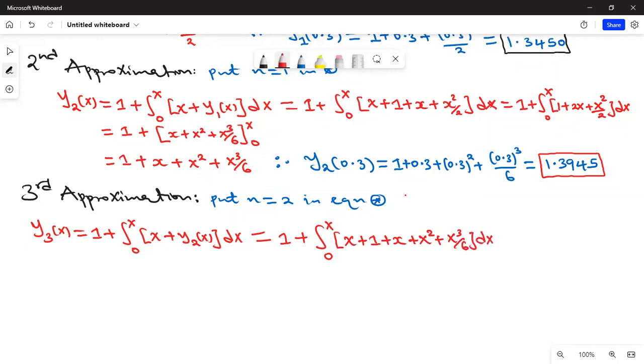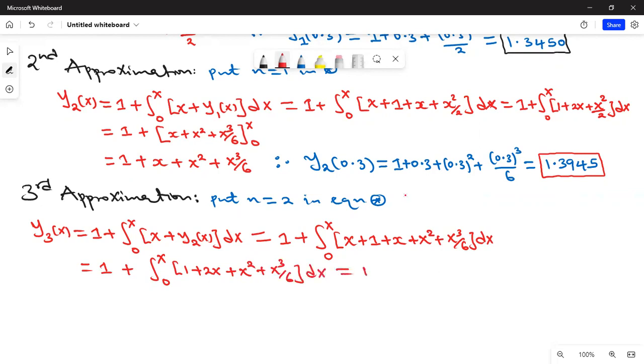And so when you simplify, this will give you 1 plus the integral from 0 to x of 1 plus 2x plus x squared plus x cubed over 6 dx.